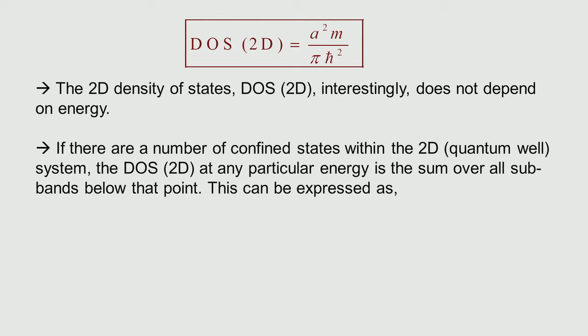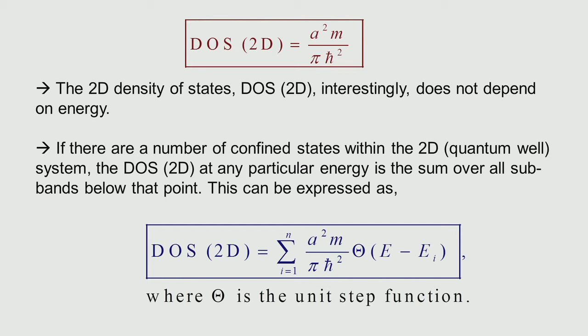There is no dependence on energy. And if there are a number of confined states within a two-dimensional quantum well, the two-dimensional density of states at any particular energy is basically the sum over all the subbands below that point. So you can represent it in a generic way in this manner.